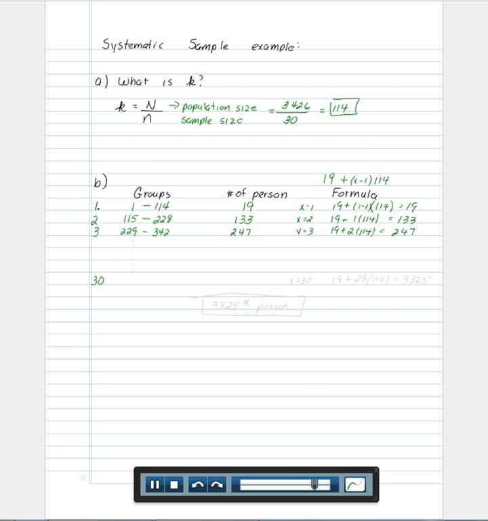So if we continue that pattern all the way down till we get to 30, so in this case x is going to be equal to 30 because we're going to do our 30th group, so that would be 19 plus 30 minus 1, which is 29, times 114, which gives me 3,325. So that means the last person to be in the survey would be the 3,325th person.